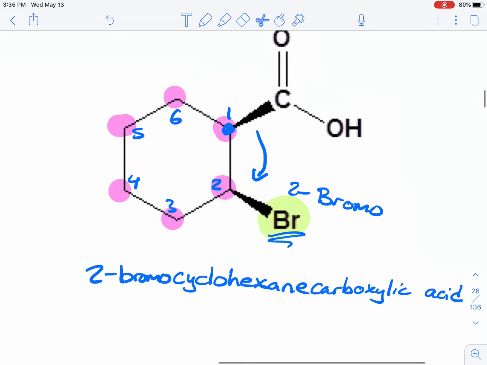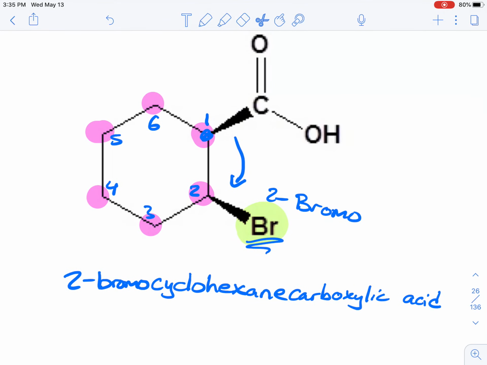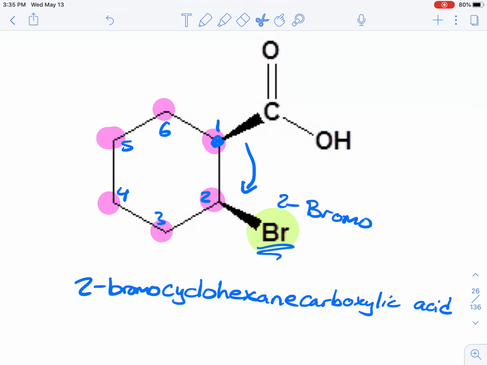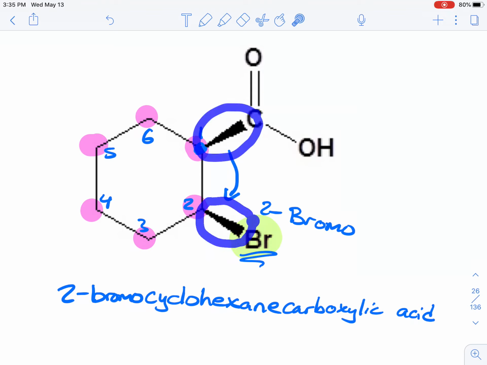And let's see here. So this is actually not necessary for you guys, just because this is not the full year of organic chemistry. But if you look at the type of bond that's being used to describe the relationship between carboxylic acid and this bromine, they're both pointing up. And so we didn't talk about the chair conformation for cyclohexane.